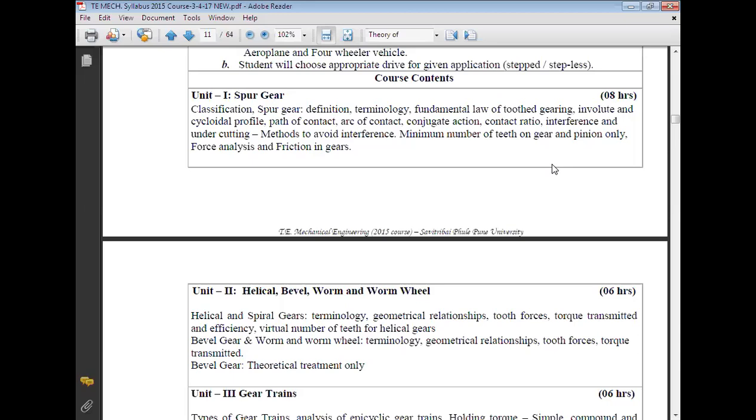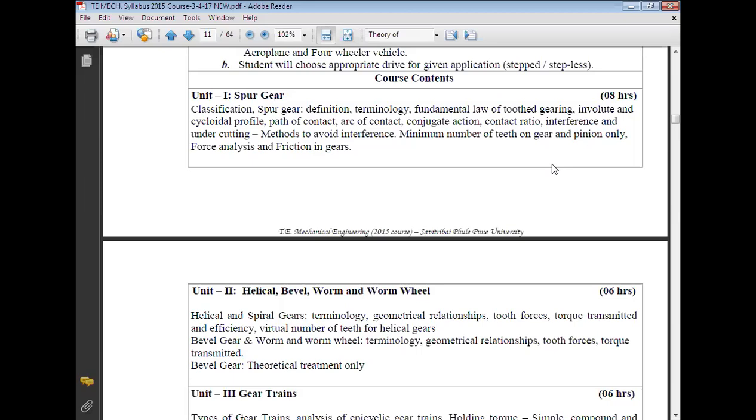Then minimum number of teeth on gear and pinion. One of the methods of avoiding interference is this: after the mathematical calculations, if we have the minimum number of teeth on gear and on pinion, then automatically interference is avoided.